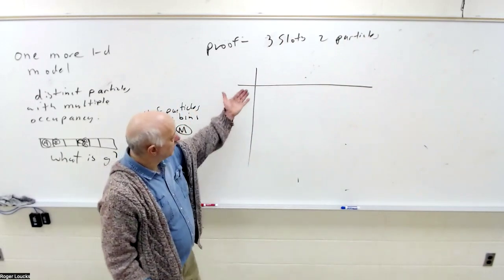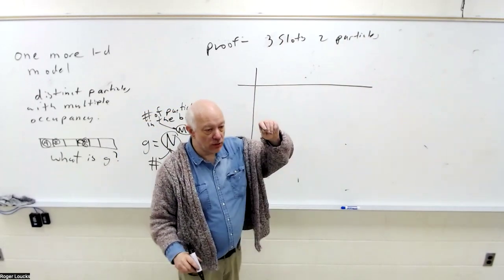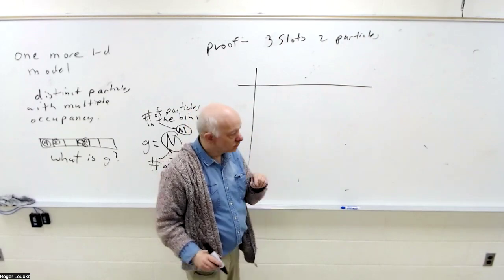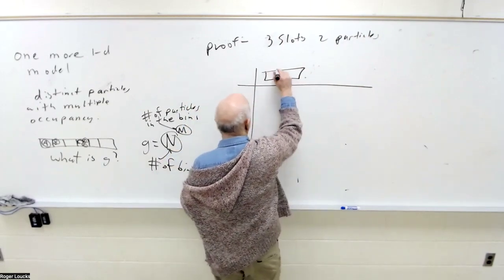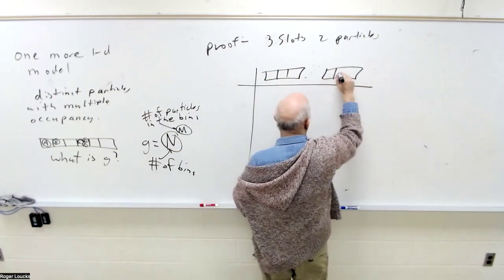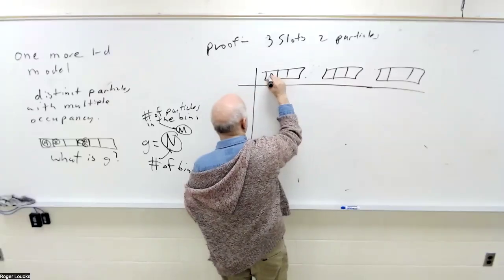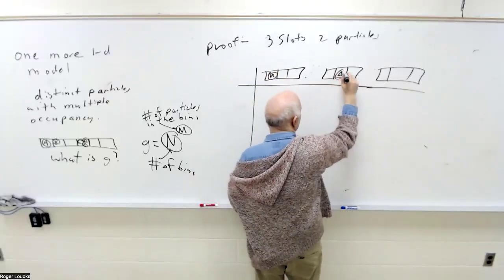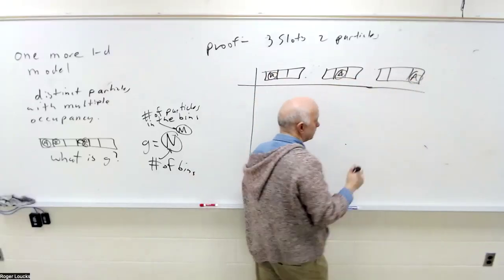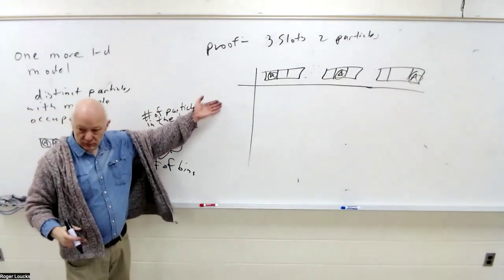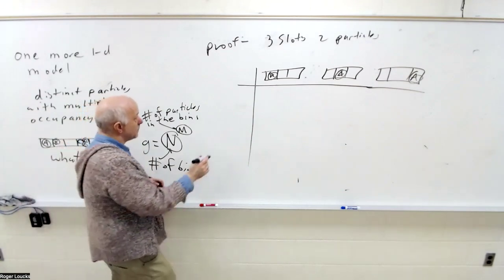Up here, I'm going to draw the particle A in each of the slots all by itself. So I have this little picture with 3 slots, this one, 3 slots, and this one, 3 slots. My buddy A can live here, here, or here. Now I'm going to do the exact same picture, but repeat it for B going down here.